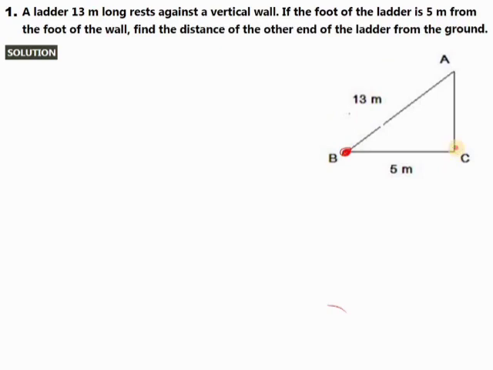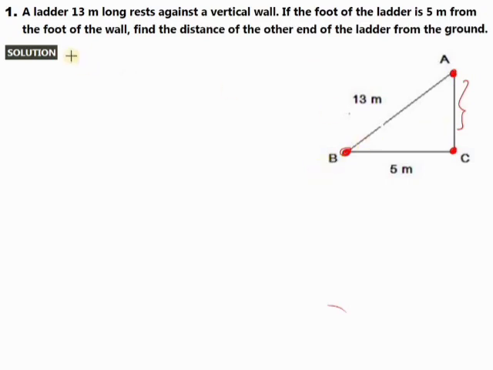So this is the foot of the wall. The distance between the foot of the wall and the foot of the ladder is given to be 5 meter. The question is asking you to find the distance of the other end of the ladder from the ground. So this is the other end of the ladder, and you have to find its distance from the ground. That is, you need to find this.